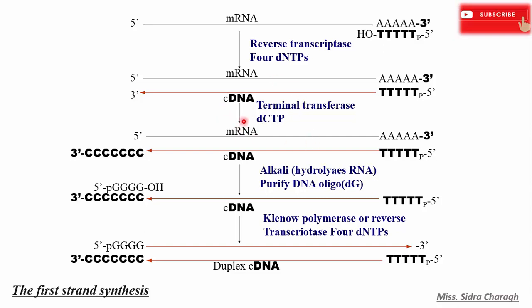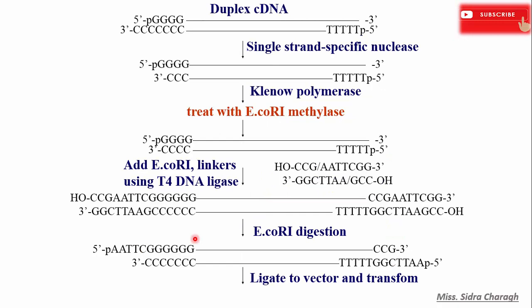Terminal transferase enzyme comes and adds oligo-dCTP to the cDNA, and then alkali treatment will hydrolyze the messenger RNA in the cDNA and messenger RNA duplex, and this treatment provides primers for the second strand cDNA synthesis. Polymerase or reverse transcriptase comes and extends and forms the other strand of cDNA, and first strand cDNA synthesis results in duplex cDNA. In second strand cDNA synthesis, this is our duplex cDNA.